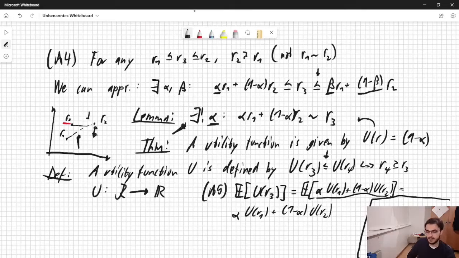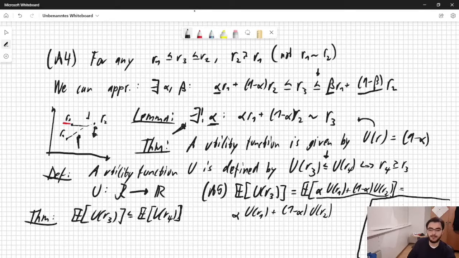we have this really nice theorem that says the expectation of U of R3 smaller or equal to the expectation of U of R4 if and only if we prefer R4 over R3.